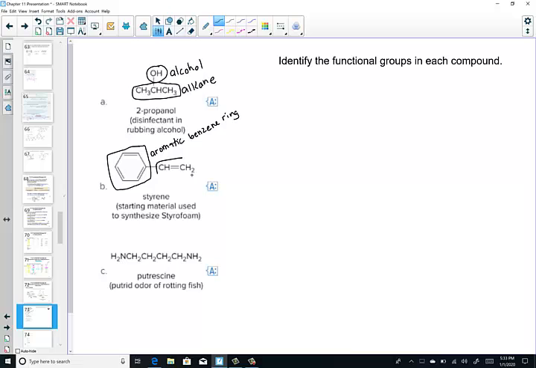I also see that I have C double bond C, and that's the functional group that we called an alkene. Down here, I see a nitrogen group. We recognize that as an amine. I also recognize the same functional group down here as an amine, and this is all just straight chain carbon with no doubles or triples, so that's your alkane carbon backbone.